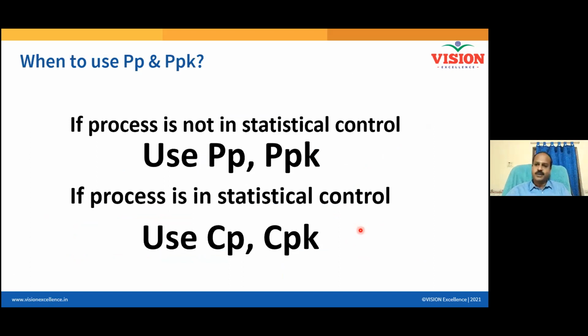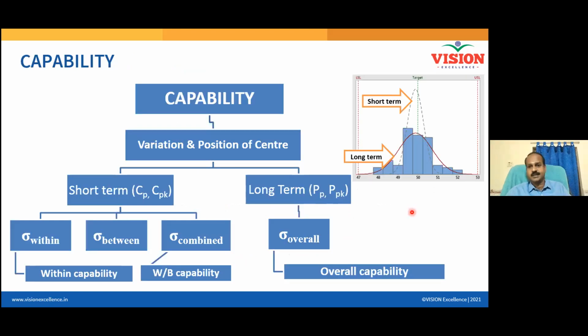And now, if your process is under complete statistical control, you can use CP, CPK. Can somebody tell me why CP, CPK can speak the reality when my process is in statistical control? Because it would be for every batch we have to create it. When my process is under statistical control, I'm sure that the between batch variation is under control, within batch variation also under control, isn't it?